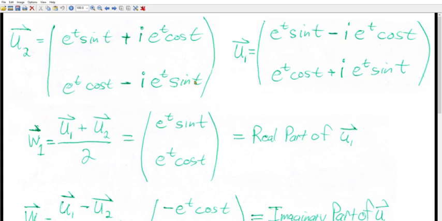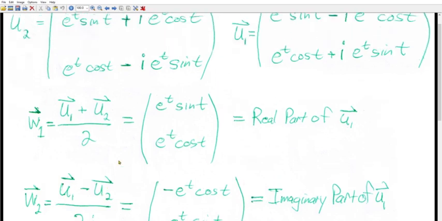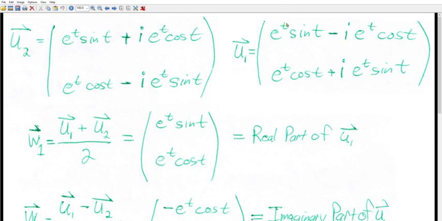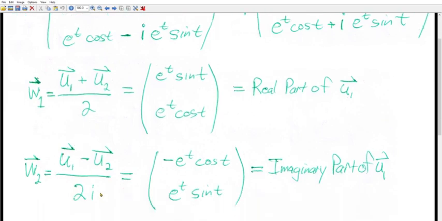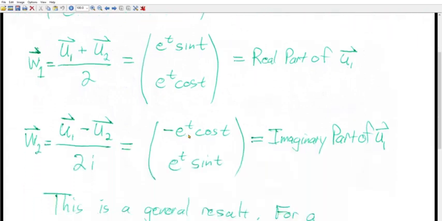Now we're going to play the same game, but this time we're going to subtract. When we subtract u1 minus u2, the real parts cancel, and subtracting u2 we're going to get another minus i, so there are two of these. When you divide by 2i, all that you're going to get is the imaginary part of u1, which is this.